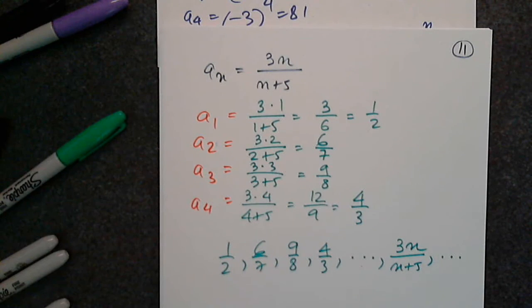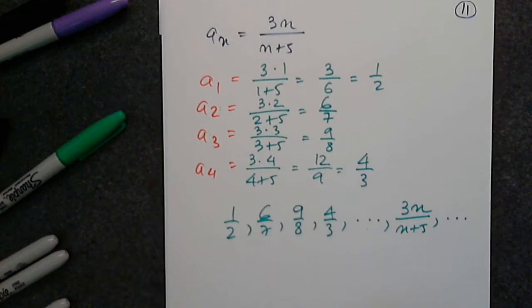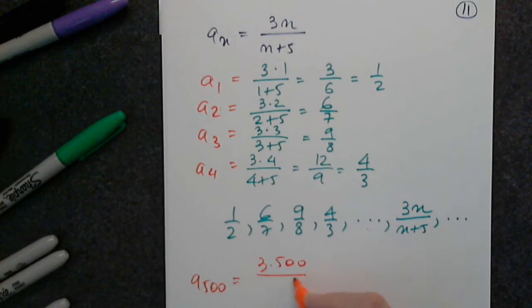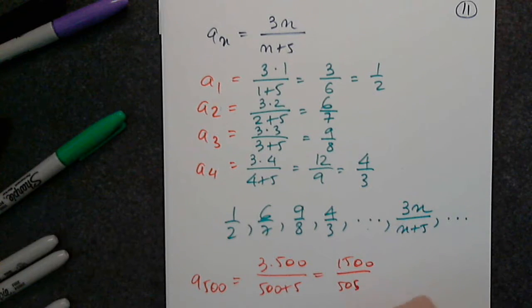You can say, find A500. That's not a problem. I will say 3 times 500 over 500 plus 5. It's going to be 1500 at the top and 505 at the bottom, and I will simplify a little bit, and I get any term. In this case, we are only asked to find the first 4.